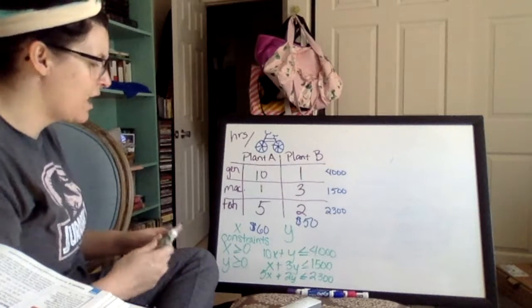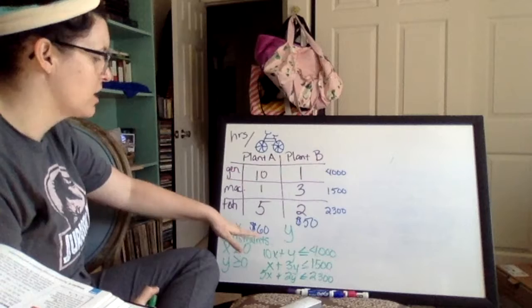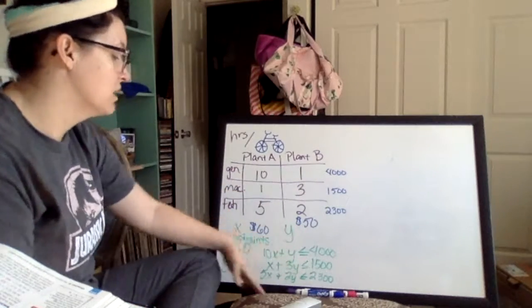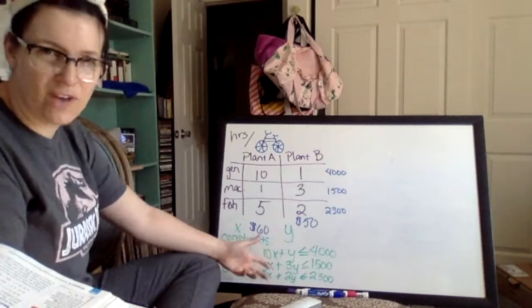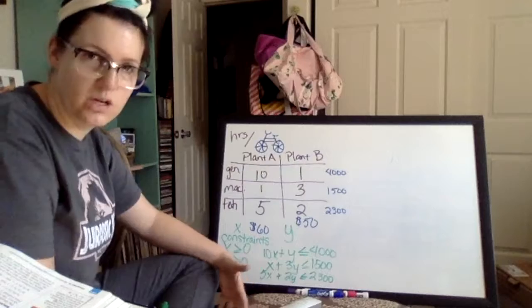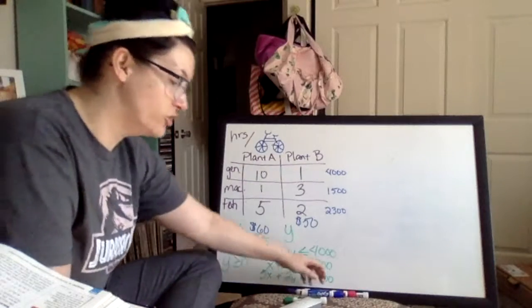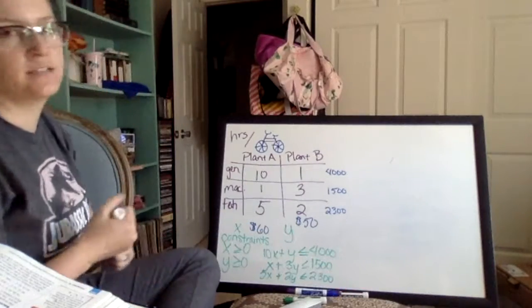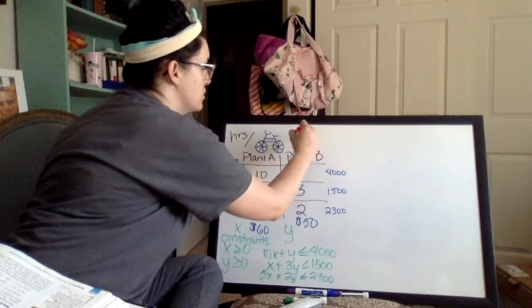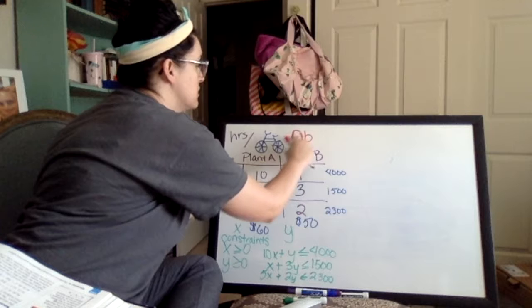Okay, but now what about this information about how much we're going to sell them for? Because here, this is all just about us manufacturing them. What we know about what we can do. Now we want to figure out what we should do. And that represents our objective function, because that's the main thing, that's the whole reason we're doing all of this.